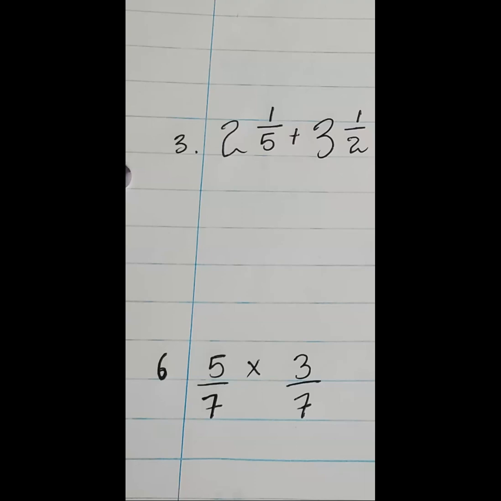Yes, Jessica. So we're going to have 5 times 3 over 7 times 7. So just like that, 3 5s, that's 15, and 7 7s, that's 49.